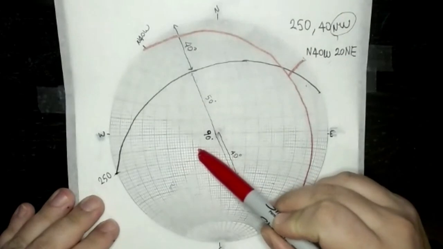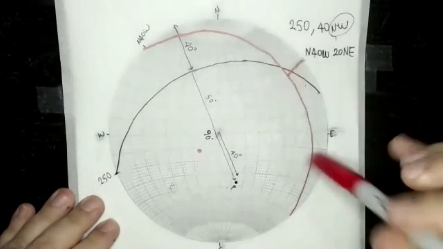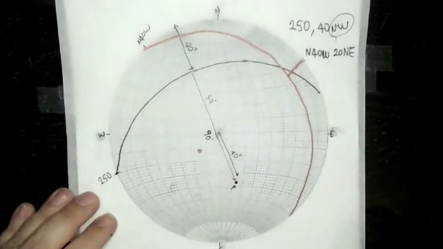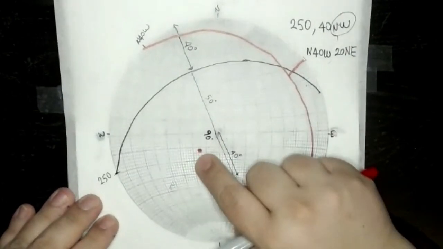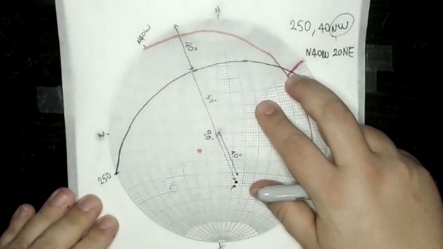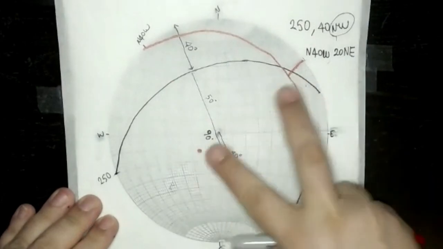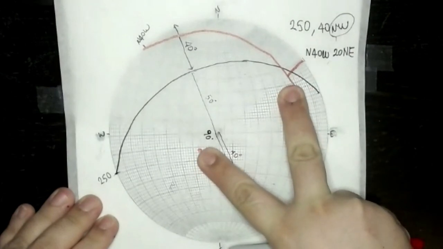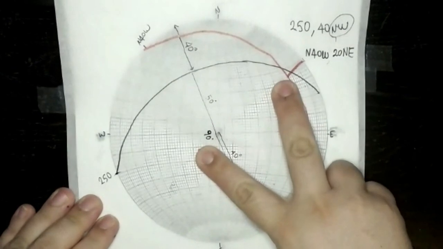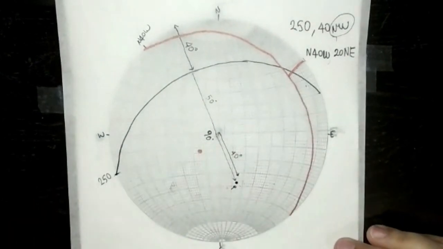And also distance between this point and great circle, it's reasonable. It's 90 degrees. If you find this pole point really close to great circle, just make sure and check your answer again because this is the ideal distance between great circle and pole to that plane.